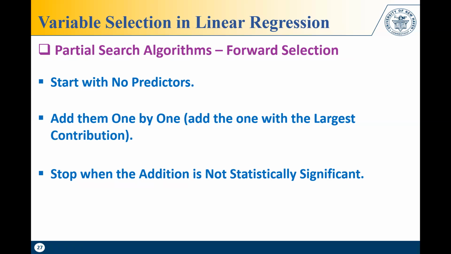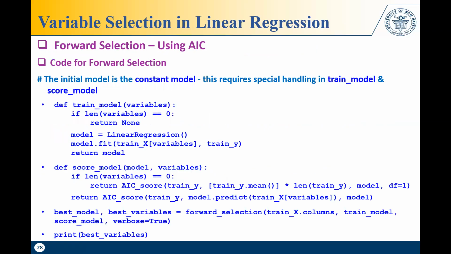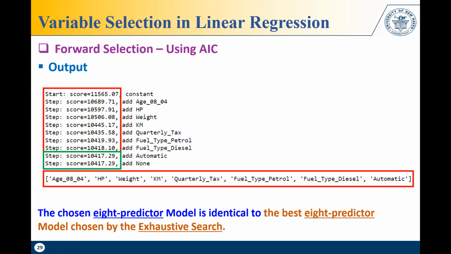For the forward selection method, we start with no predictors, and then we add them one by one. Basically, we add the one with the largest contribution. We stop when the addition is not statistically significant. So here's the code for the forward selection method, and here's the output.